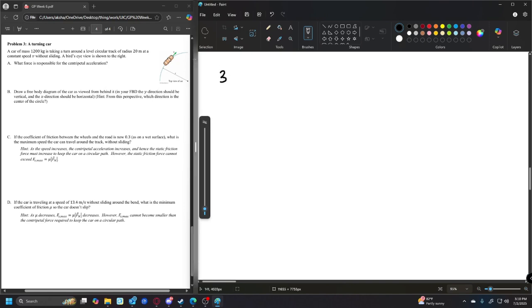Alright, so for question number 3, we have been given a turning car that has a mass of 1200 kgs, and it's trying to take a turn around a level circular track of radius 20 meters at a constant speed v.